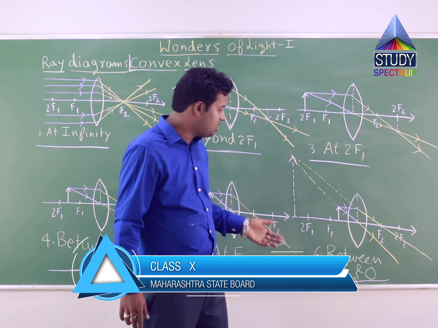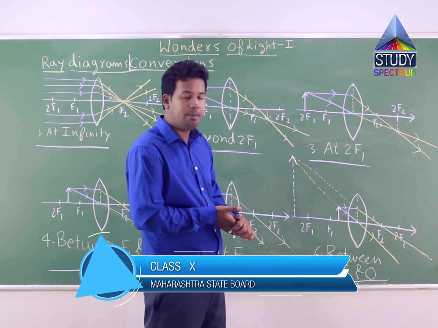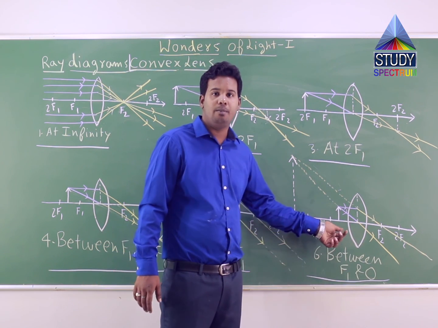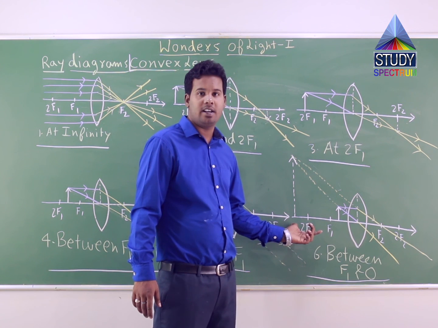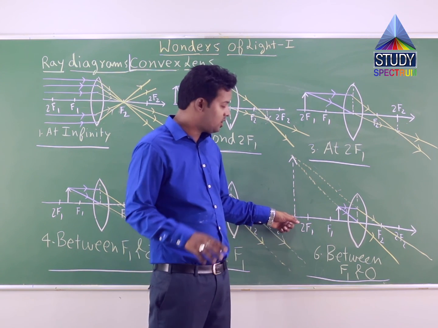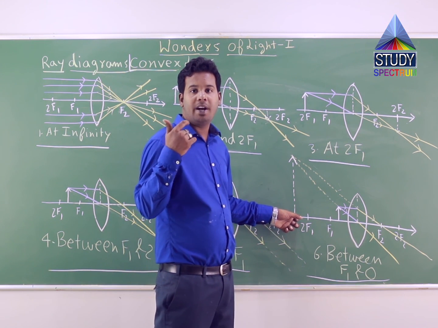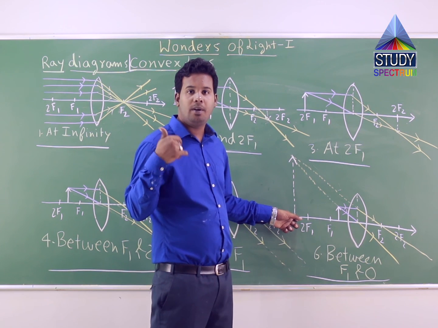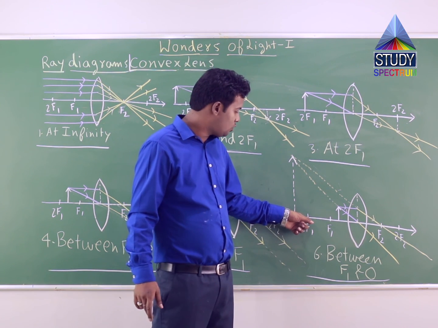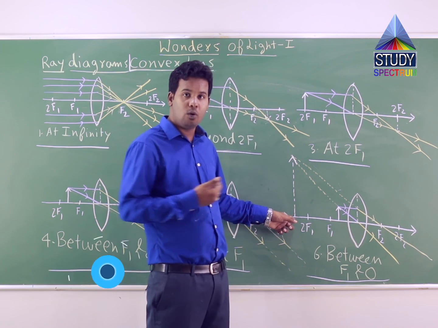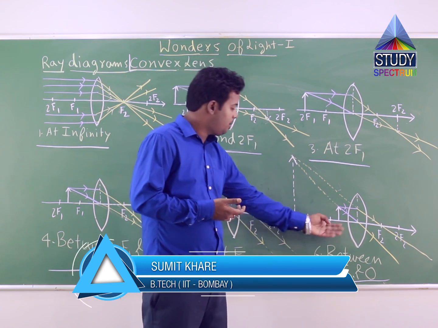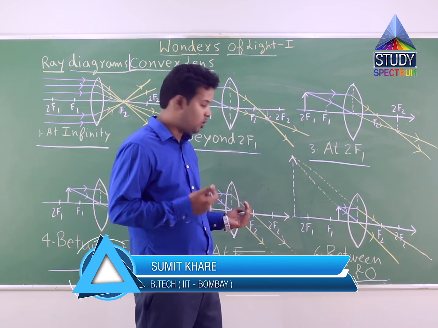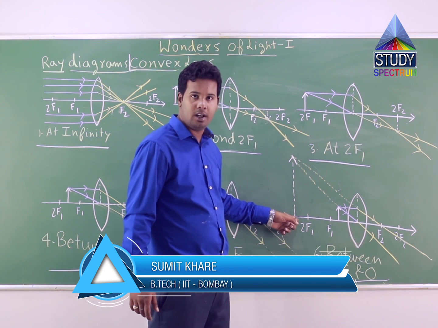Now, since I was getting a negative answer, it means the position of image should be on the negative x-axis. And it was coming out to be greater than minus 10 in magnitude, so this image should form beyond 2f1. That is why I have marked this point here.